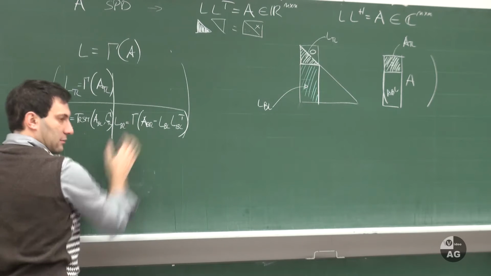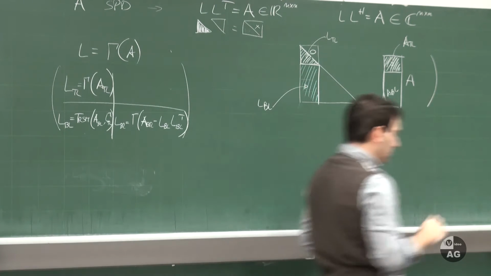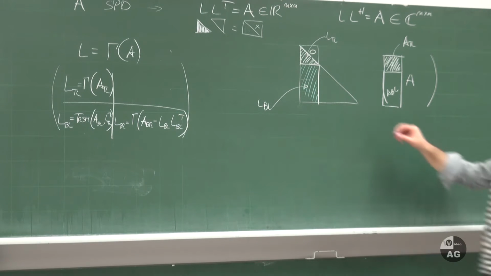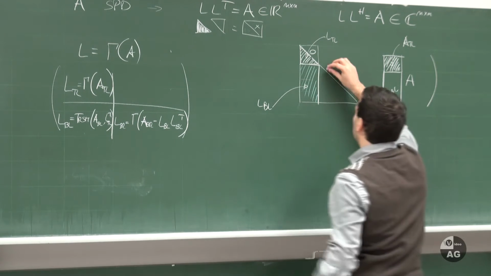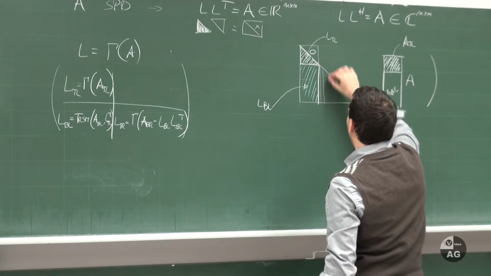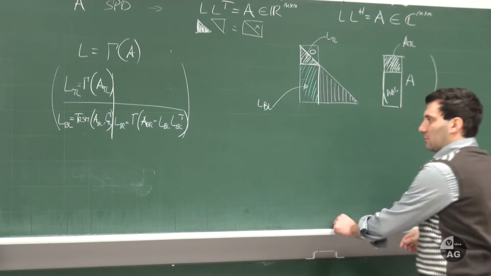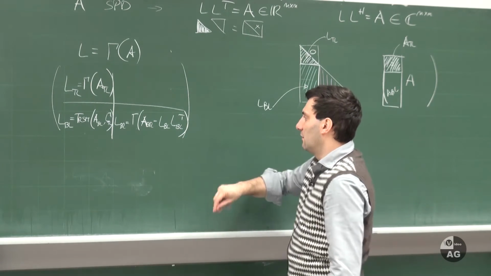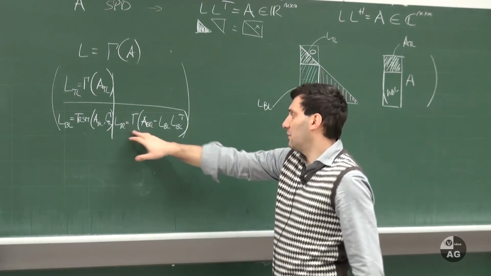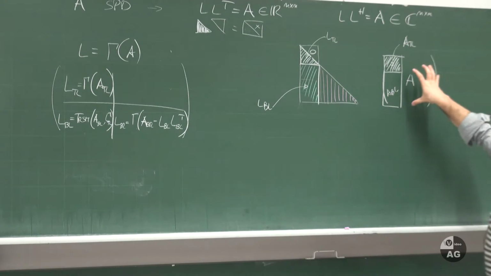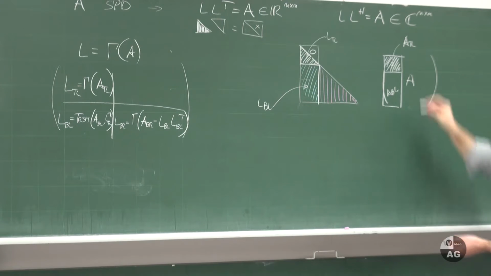This relation tells me the contents of the bottom right quadrant, which is this guy here. L bottom right is now down here. What this relation tells me is that I can compute L bottom right by taking the original contents of A bottom right, so this part here.